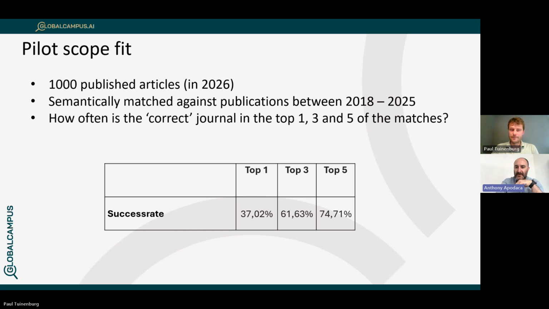Yeah. So the first question was, if I write my manuscript in my own language, will the tool still find the right English journals, or do I need to translate first? Currently, you would need to translate. We made the decision to use English to English matchmaking algorithms because, for two reasons, they perform a bit better when you have English text, and the vast majority of publications is in English.